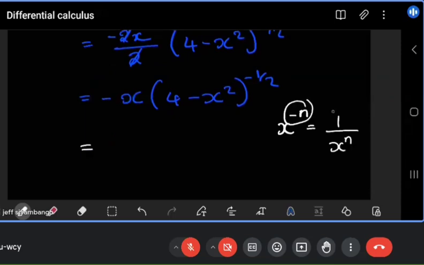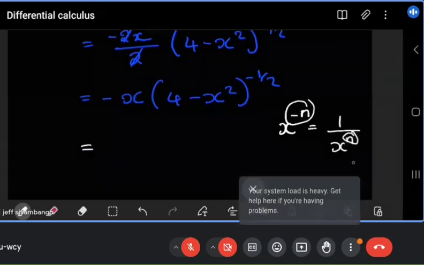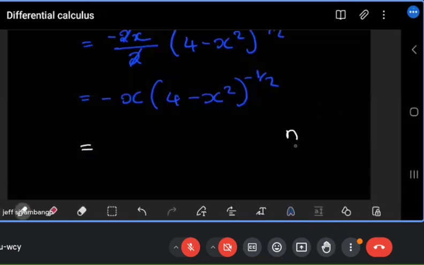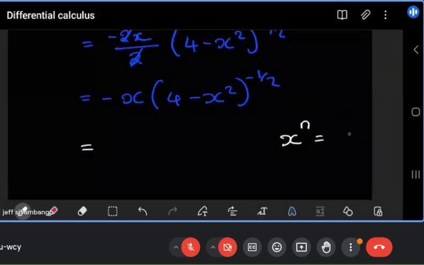Now it will be positive. When it is up, it is negative. Comes down, it will be positive. Vice versa works as well. If I have x raised to a positive power n, I can write this as 1 over x raised to a negative power n. So this is still fine.